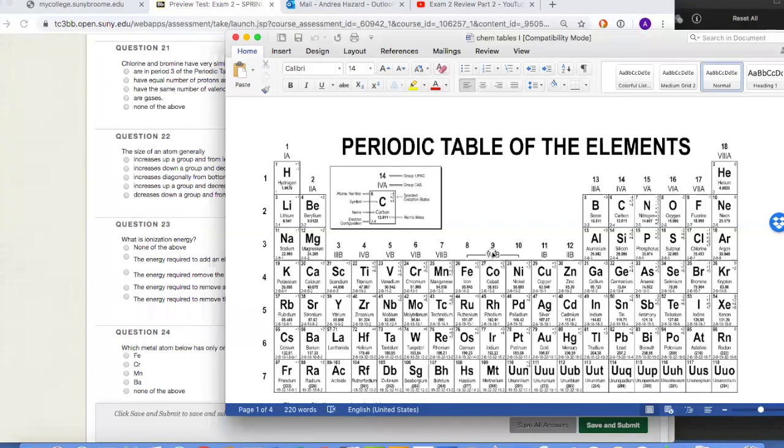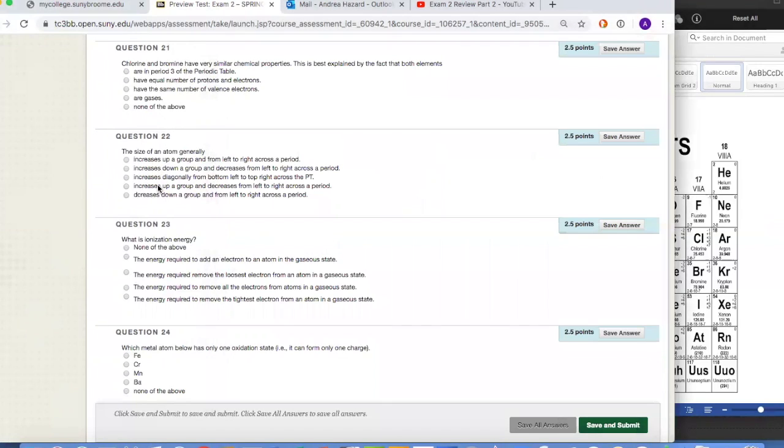So let's read that. It does increase down and decreases from left to right. So that is true because basically as we go across the table, the nucleus gets more positively charged and makes the shell essentially smaller. So that is true. Let's just look at the other choices though. Increases diagonally from bottom left to top right.